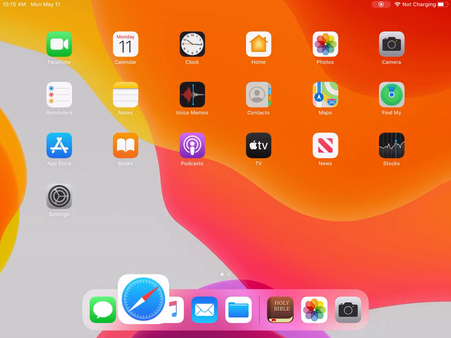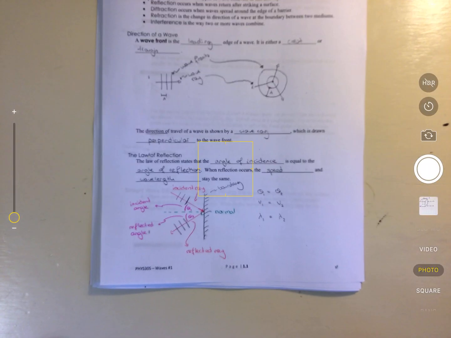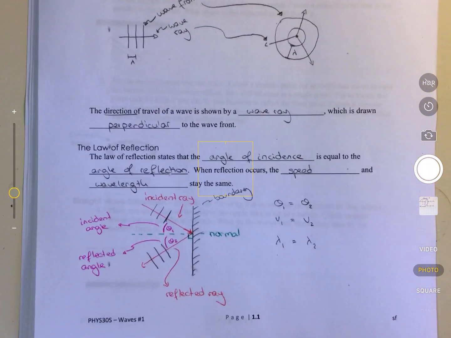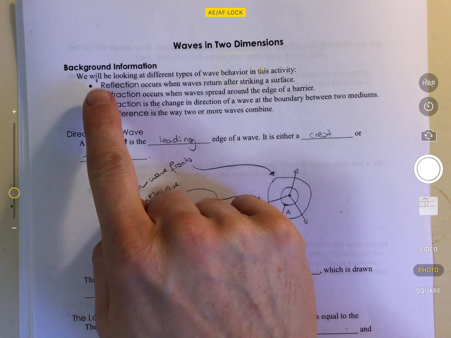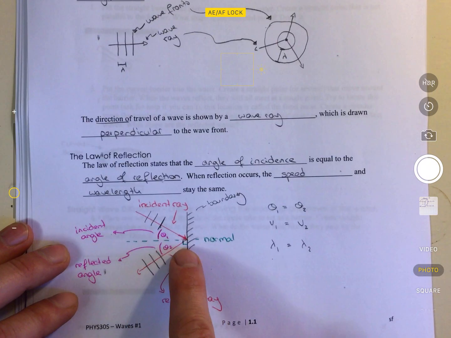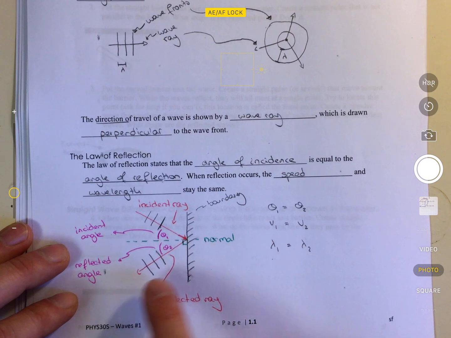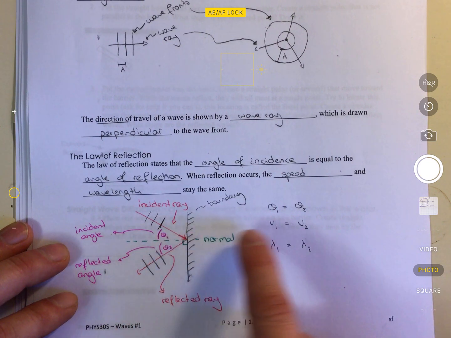So if I come back again to our notes, what we've talked about right now was reflection, where the important thing is that the wave comes back at the same angle with the same speed and the same wavelength.